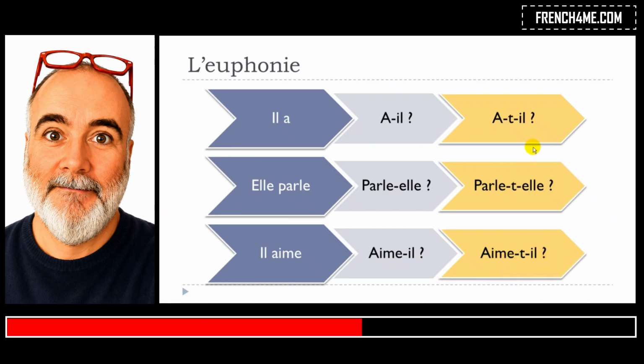Alright, so it's actually quite simple. If you look carefully, you've got here a vowel, vowel, vowel. Then in these cases, you will have to add this T between the two. Alright, so a-t-il, parle-t-elle, aime-t-il?